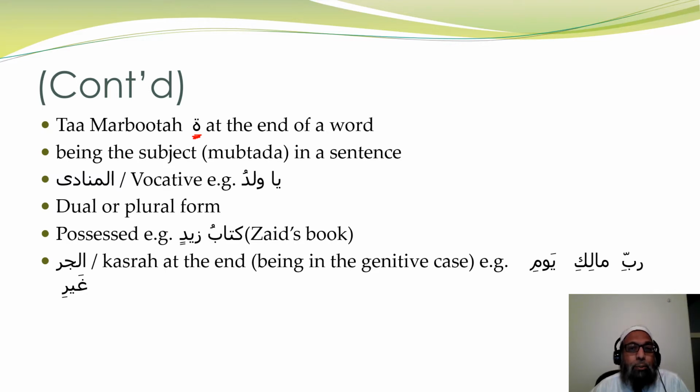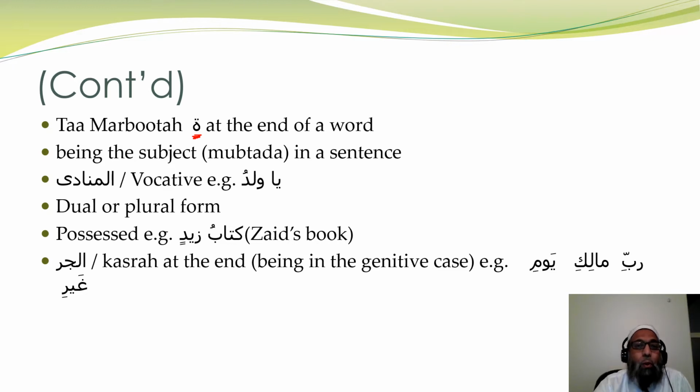Munada, if it is a munada, if it's in the vocative, then it's a noun. It's going to be a noun for sure. It cannot be a verb. Ya waladu, for example, oh boy. Ya Allah, oh Allah. So whoever you call upon when you're calling someone, you use the particle ya before it.